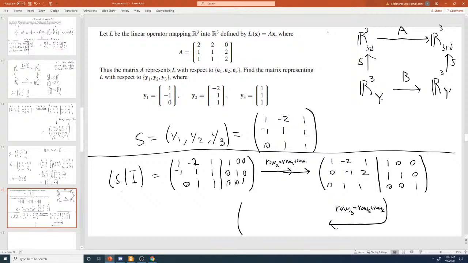In which case I'm going to get 1, -2, 1, 0, -1, 2, and then 0, 0, 3. And then the other side of the augment, I'm going to have 1, 0, 0, 1, 1, 0, 1, 1, 1. And now I do a bit of work.